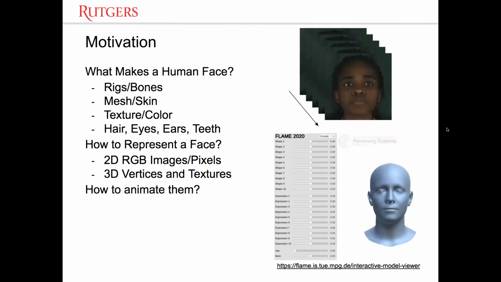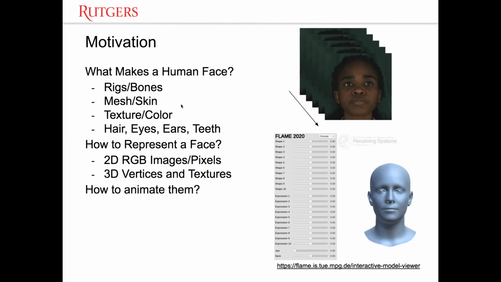Okay, so let's start by asking a few questions. What makes a human face? For a human face, we have the bones. In the world of graphics, we call them the rigs or skeletons, if you're talking about the bones for the body. We also have skin, which is something you can see from any person's face. In the field of graphics, we call it the mesh or vertices.